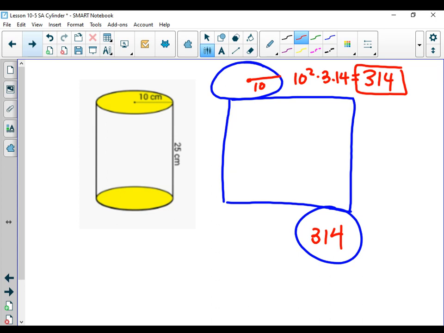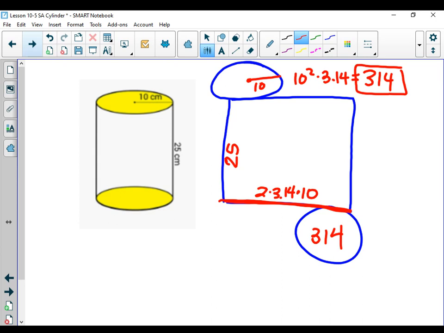Whew. Now I'm back to this rectangle again. I know the height is 25, but I don't know the base. The base came from the circle. Bryn. It'll be 10 times 2 times 3.14 times 10.